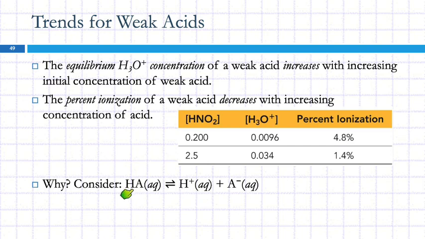Because this is an equilibrium that's governed by an equilibrium constant, if I double this concentration, I'm not necessarily doubling the concentration on the other side. Because H plus times A minus over HA is equal to a constant.